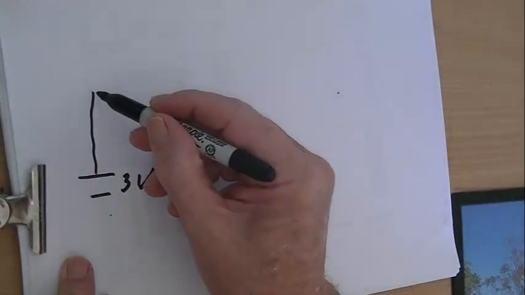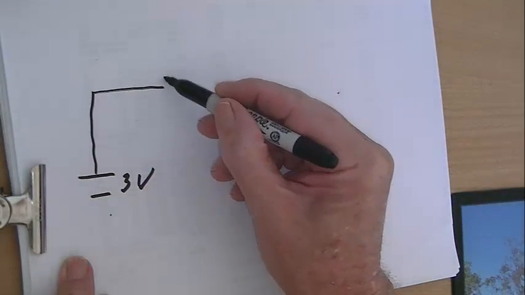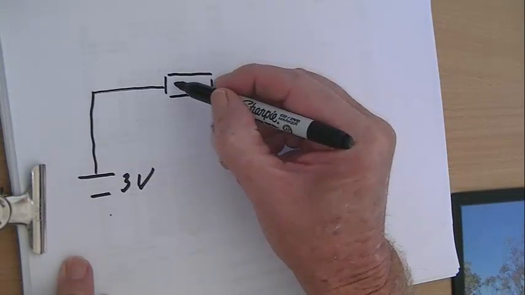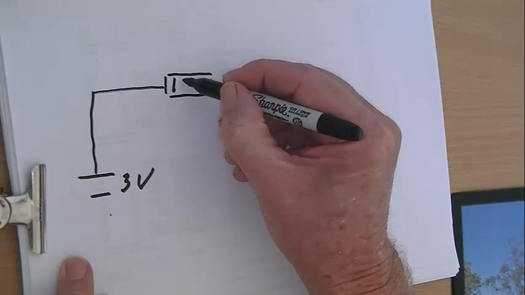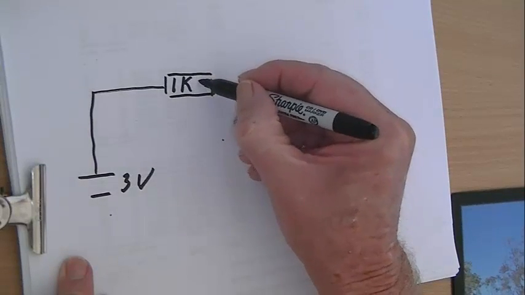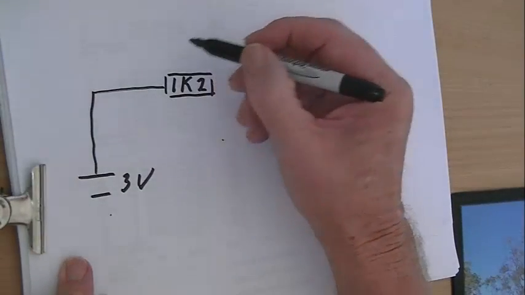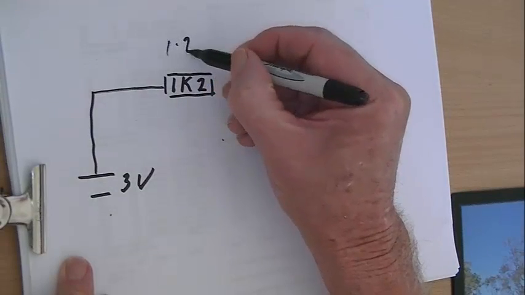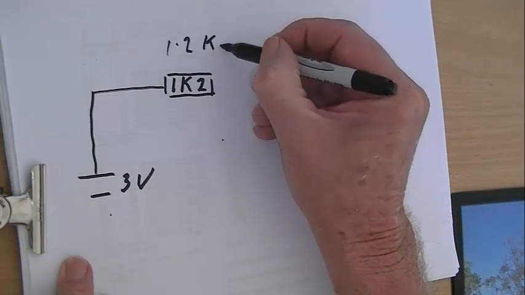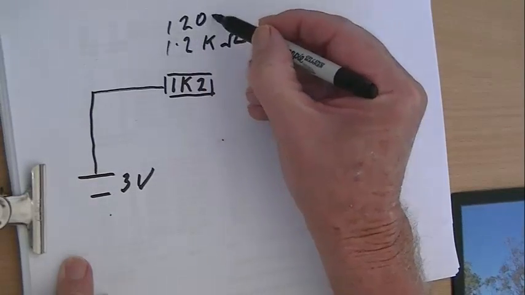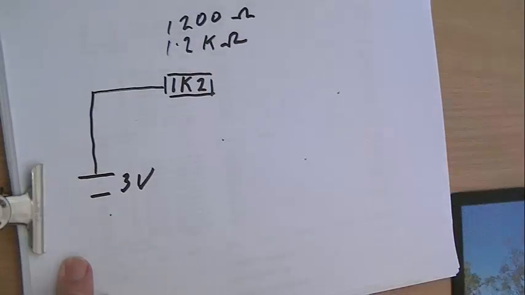You'll see him later on. Then you might have a resistor. The resistor would be written something like this: 1K2. That is 1.2 kilo ohms, or 1,200 ohms.